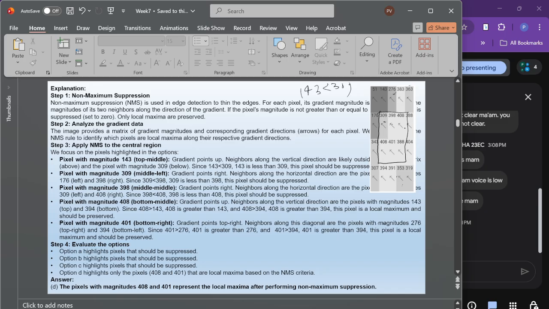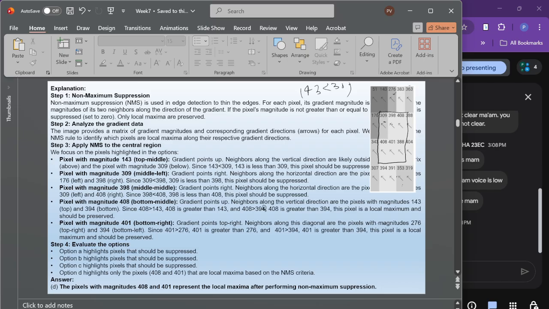So 408 is greater than 143, because we are taking the corner, and 408 is greater than 398. So the local maxima should be preserved, because 408 is greater than 398.